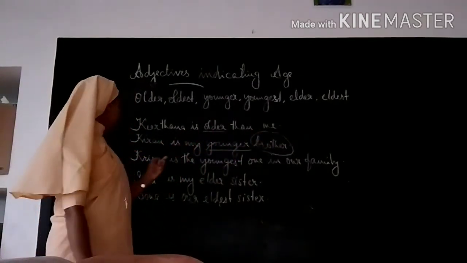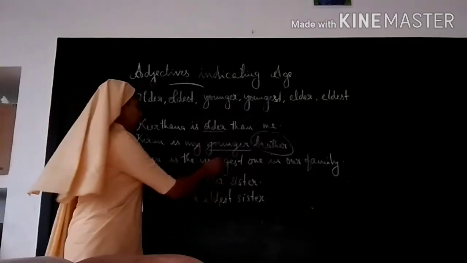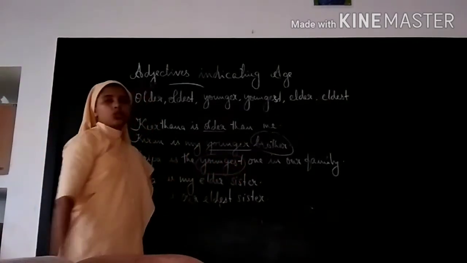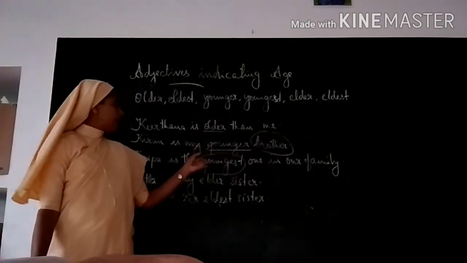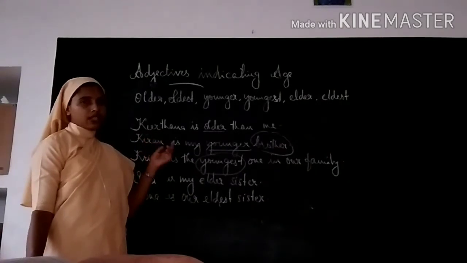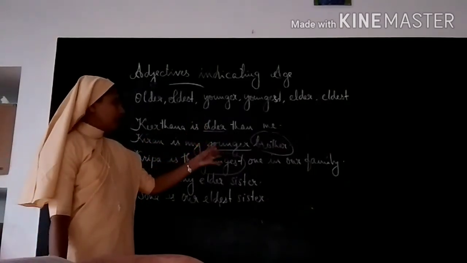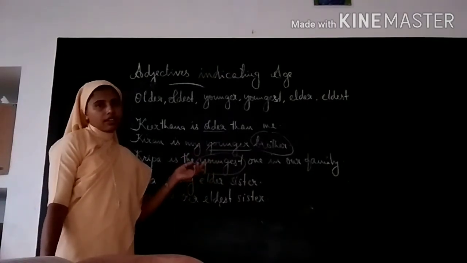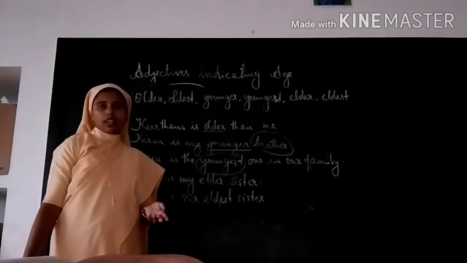And next one is, Chuba is the youngest one in our family. Youngest is the superlative degree, that is a comparison between many with many. So youngest is used as an adjective here. Younger and youngest can be used both with relatives as well as with others.